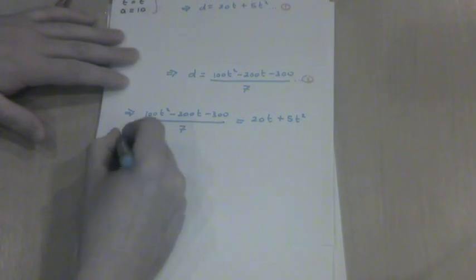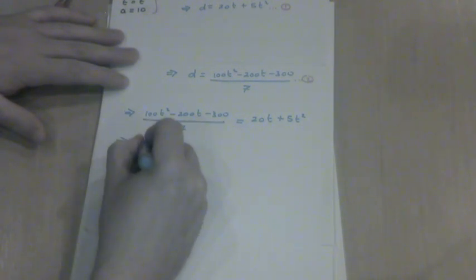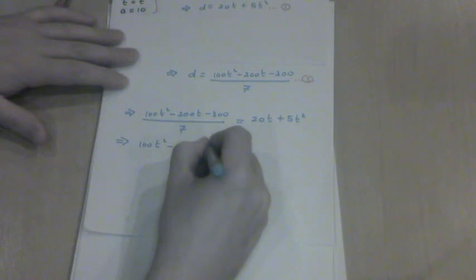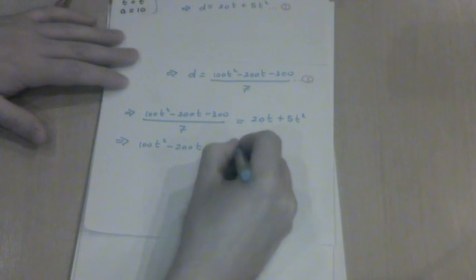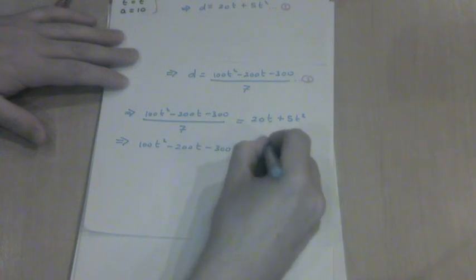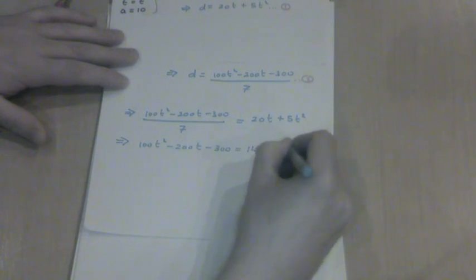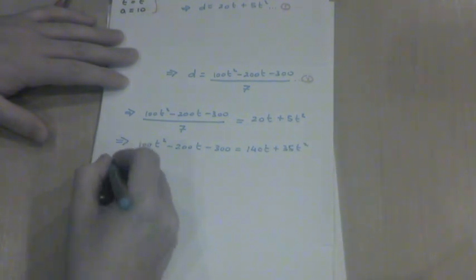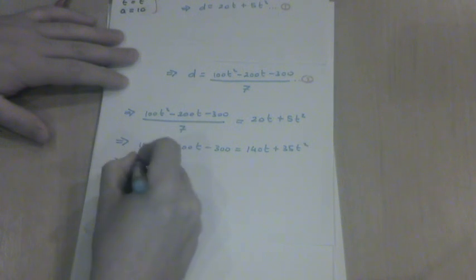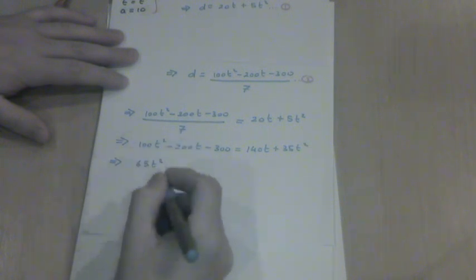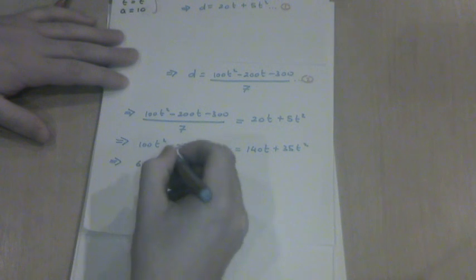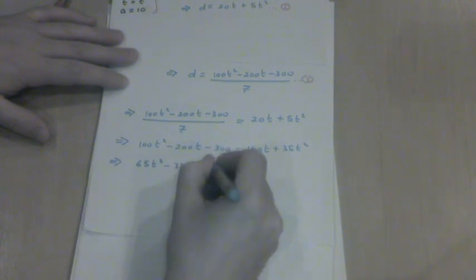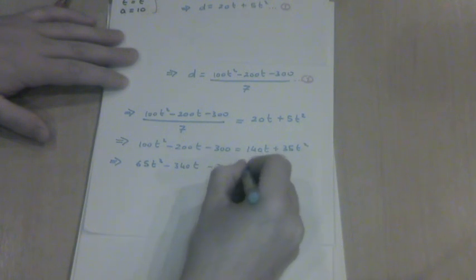Multiplying across by the 7, we've got 100t squared minus 200t minus 300 equals 140t plus 35t squared. If we bring everything to one side, we get 65t squared minus 340t minus 300 equals 0.